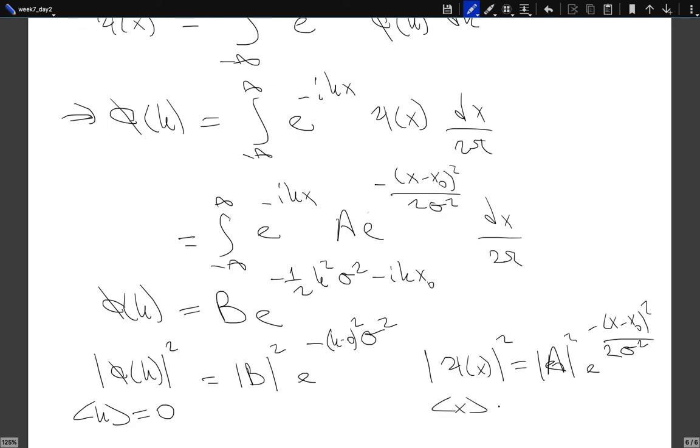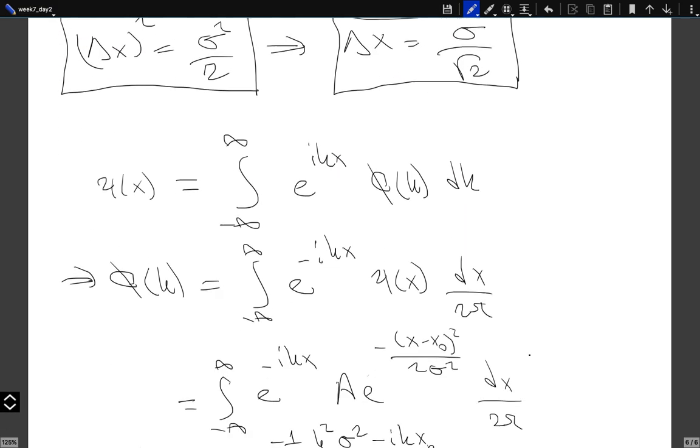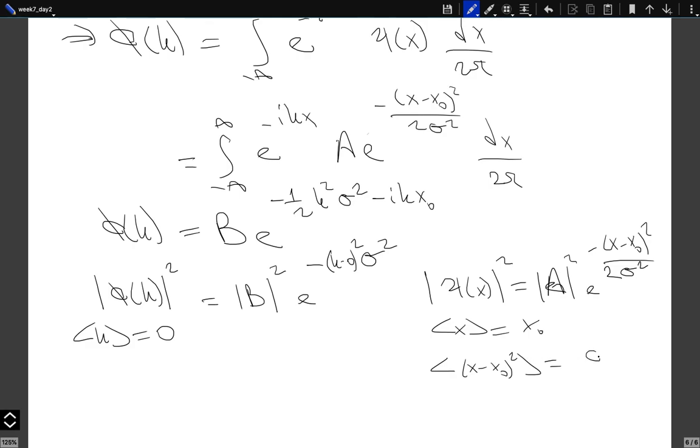Here the average of x was x0. Now on the right-hand side, the average of (x minus x0) squared was sigma squared over 2. That is nothing but this factor dividing (x minus x0) squared, all of this divided by 4.